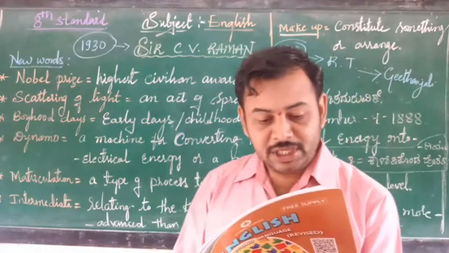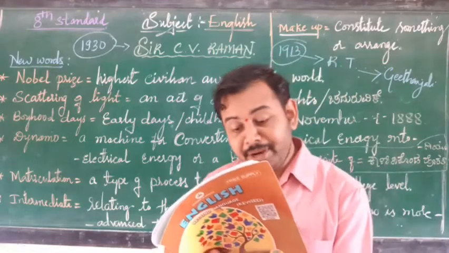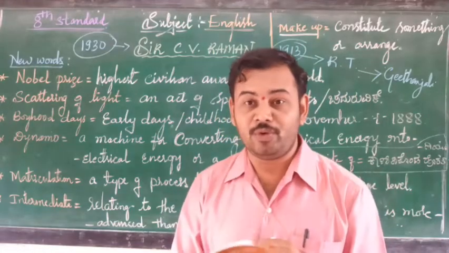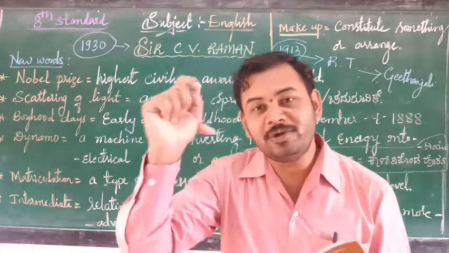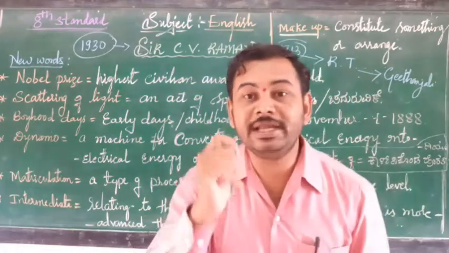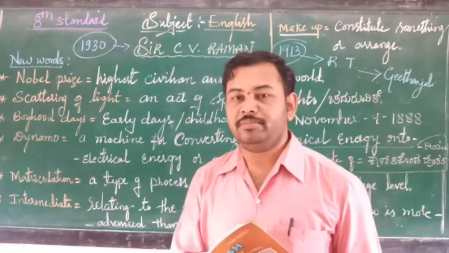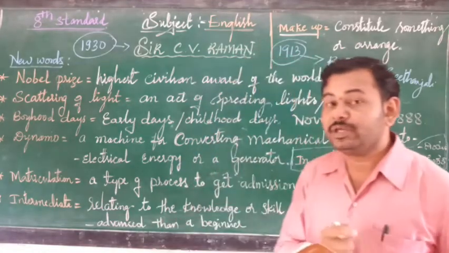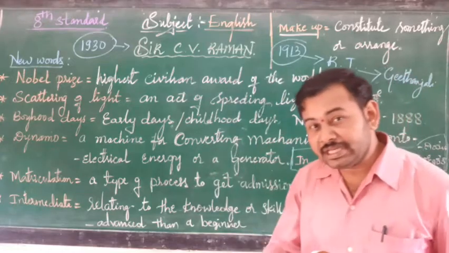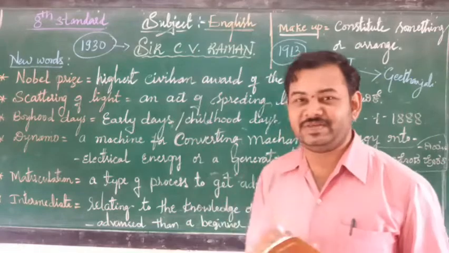Even as a boy, he had made the model of a dynamo. My dear students, think about his intellectual mind and his intelligence. He was a very brilliant student. Even at a tender age, he had great knowledge in science.